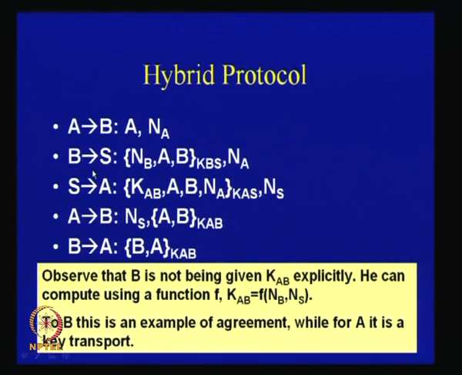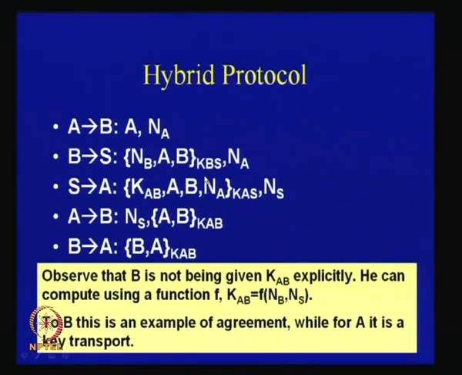Now what B sends to S is Nb comma A comma B comma KBS. This is quite like the protocol we have seen in the previous context, it is just one packet like that. B sends this to the server S.